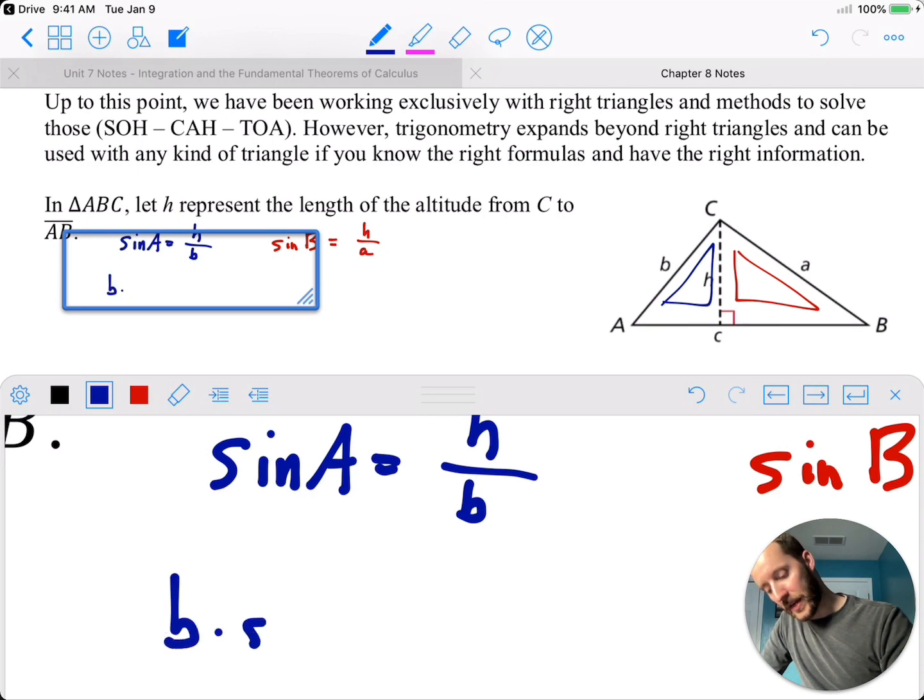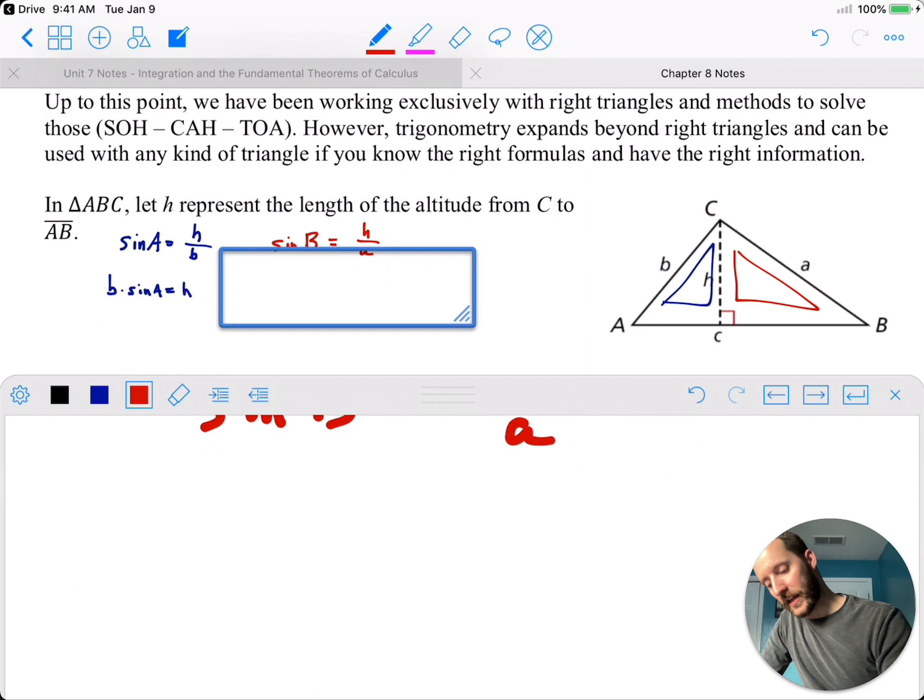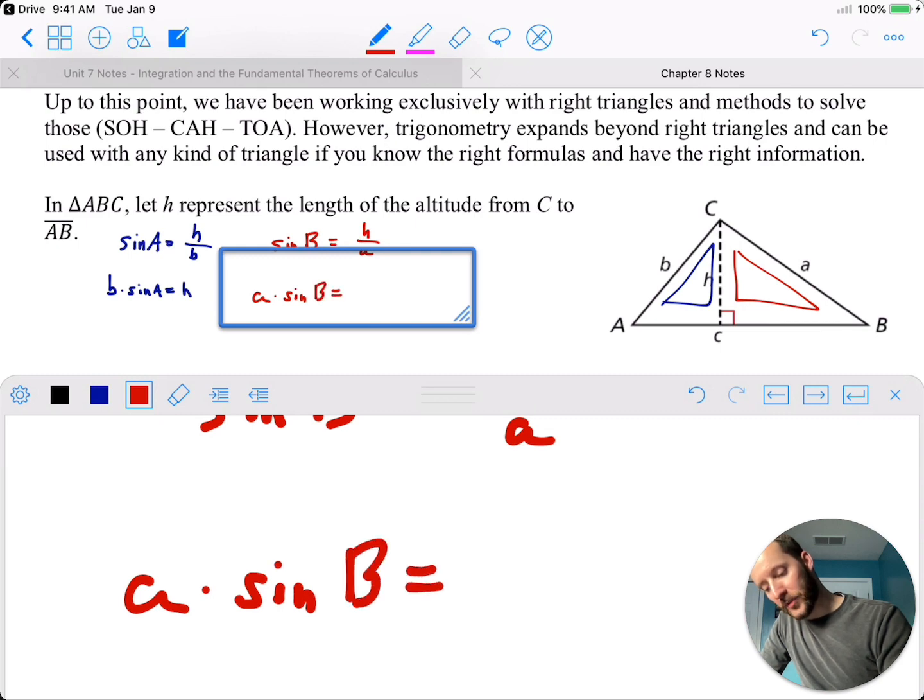So b times sine of A equals h. The triangle on the right, the red triangle, solve for h: multiply both sides by a. A times sine B equals h.